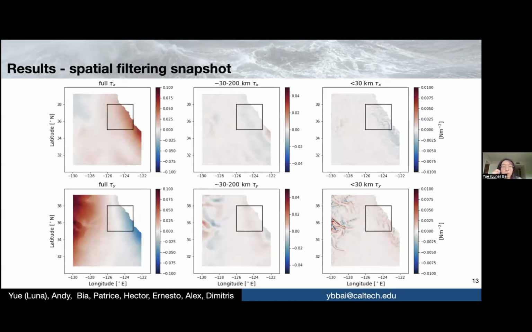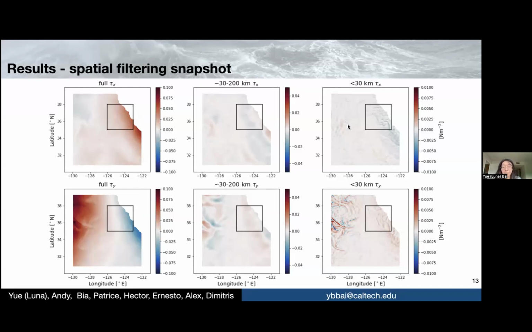Similarly, we also did this filtering for the atmospheric winds. On the top row, we have tau x, and in the bottom row, we have tau y. If we pay attention to the magnitude of these filtered and unfiltered tau x and tau y, we can see that the unfiltered tau x and tau y are an order of magnitude stronger than the mesoscale and sub-mesoscale tau x and tau y.